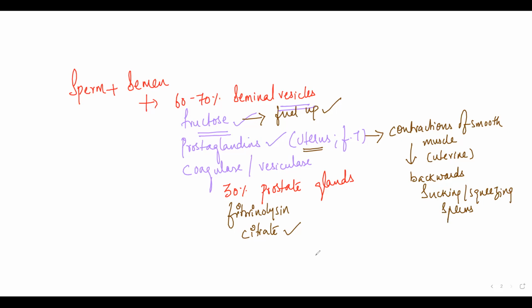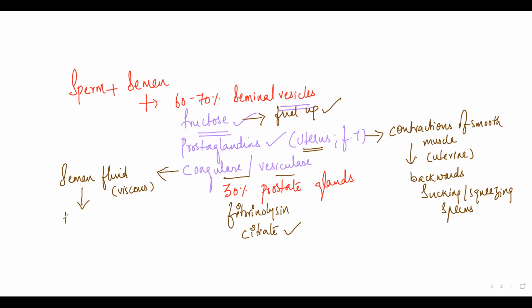Okay, this is important. Children, if you look at the coagulase or the vesiculase, these two are the same. The semen has a fluid consistency, a little bit viscous. But when it is discharged into the female reproductive tract, from the vagina, it may leak out.